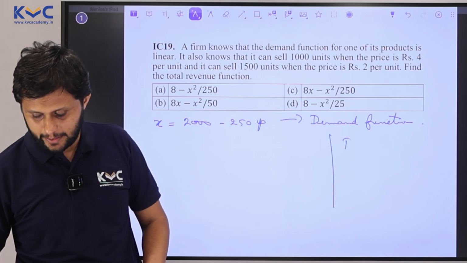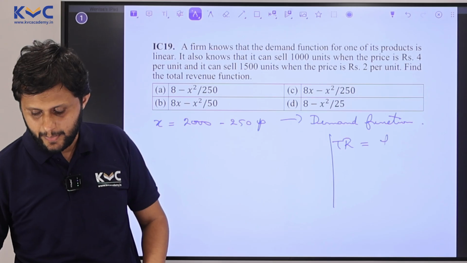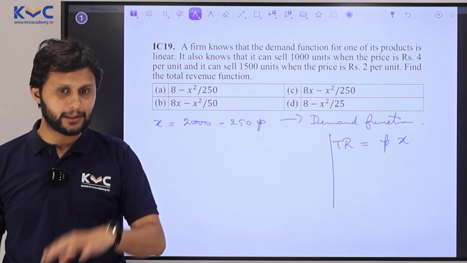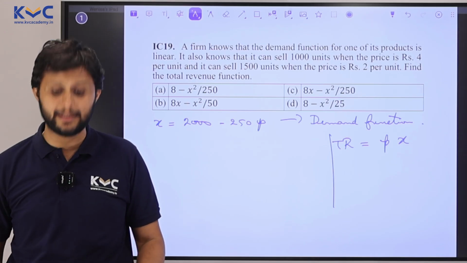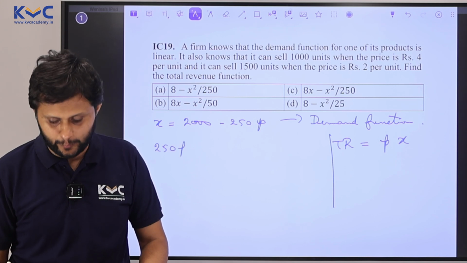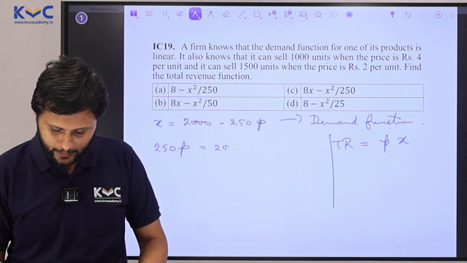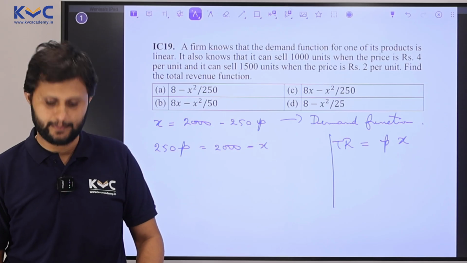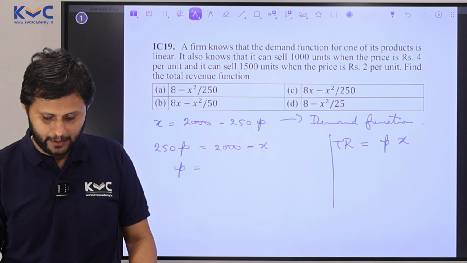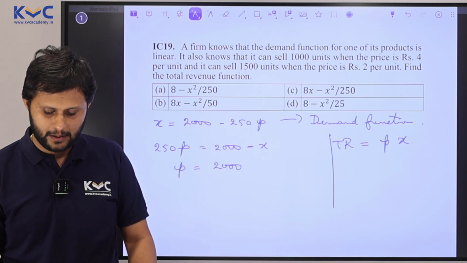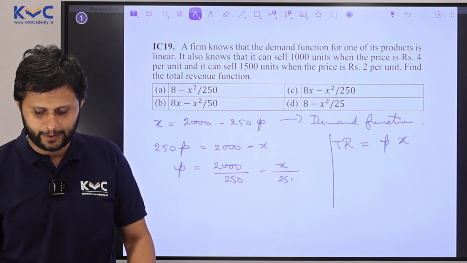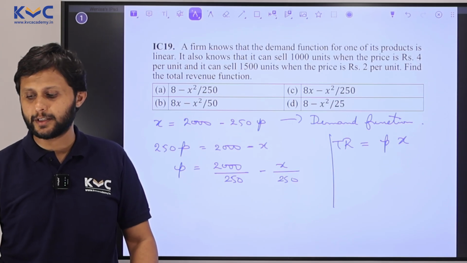I'll write over here, total revenue is equal to P into X. We had another problem where they had given X is equal to, but I told you we have to write it as P is equal to. So I'll get P to this side. Left hand side we get 250p equal to 2000 minus X. Correct? X is brought to the other side. We are solving for P. 2000 divided by 250 minus X divided by 250. So 2000 divided by 250 is how much?